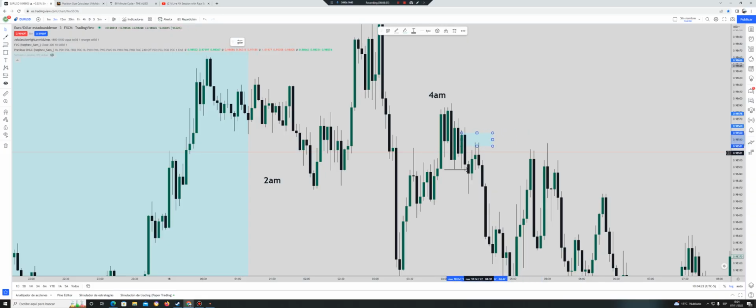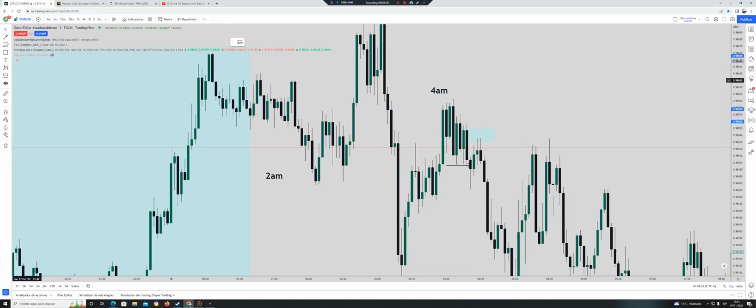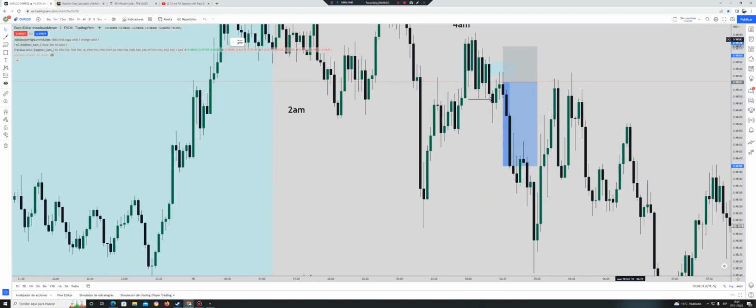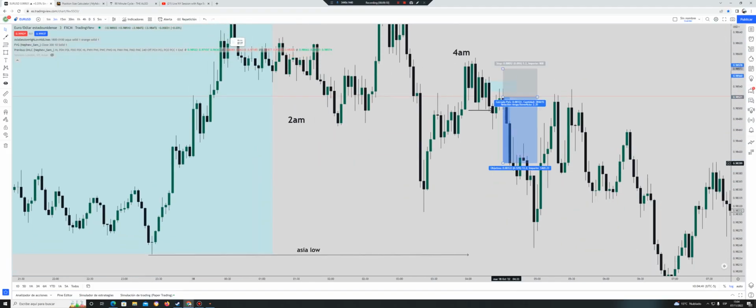And what time is it? 4:30. So at 4:30 you can safely place a sell here. Imagine you place the sell here with a stop loss above the high, or above this one. Let's say above the high, meaning those lows there.